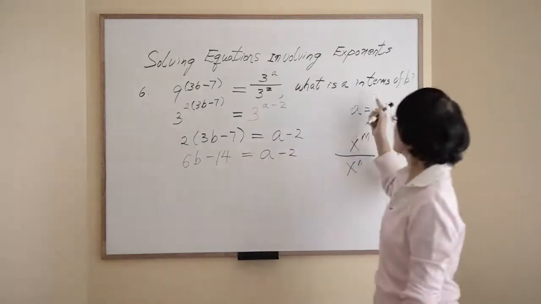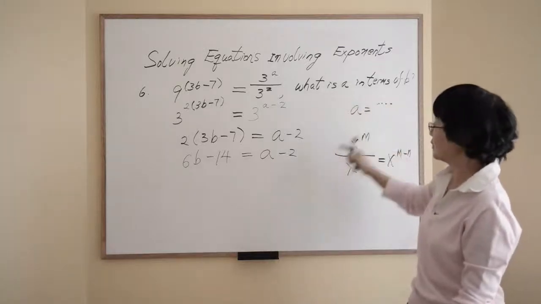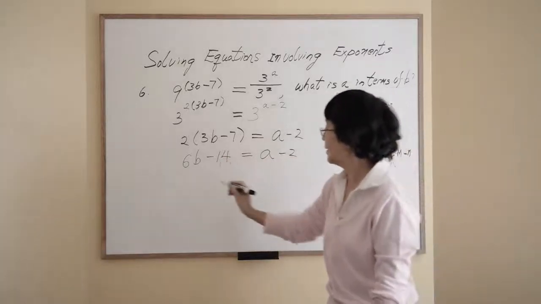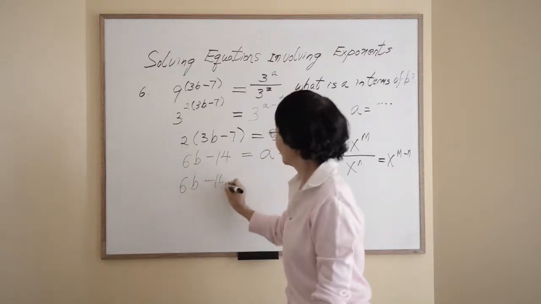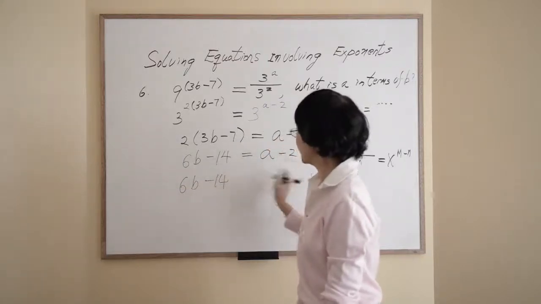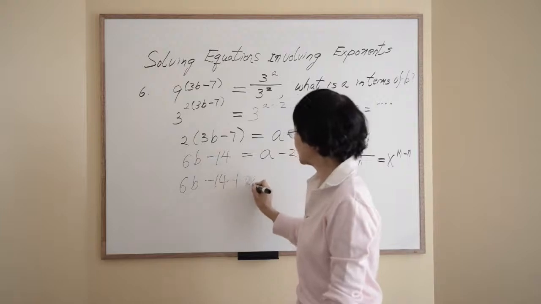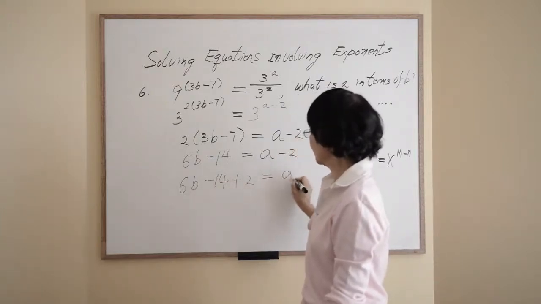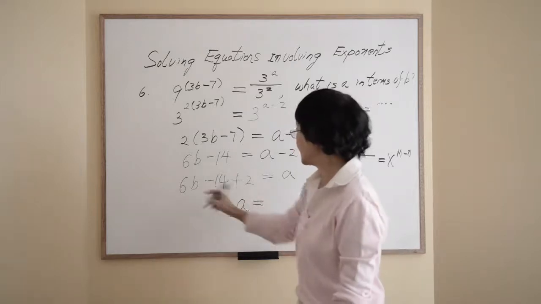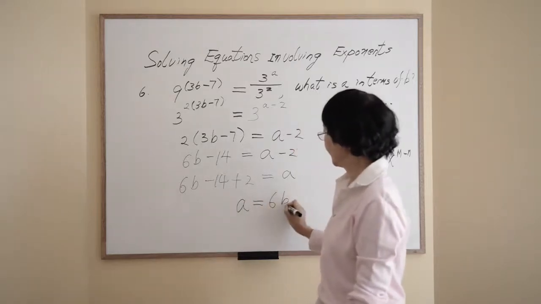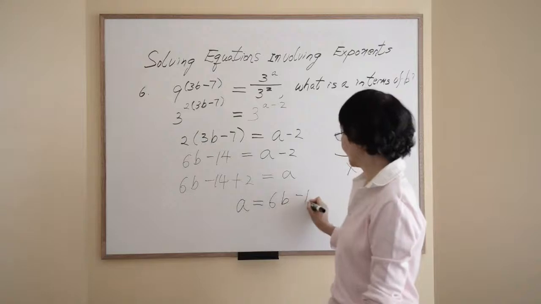Since we want a in terms of b, we just move this 2 over. Now when the negative 2 moves over, it becomes plus 2 equal to a. So basically a is equal to 6b minus 12.